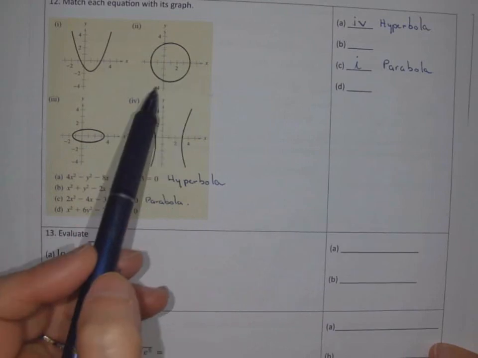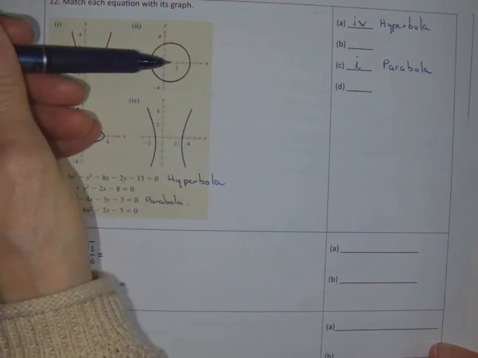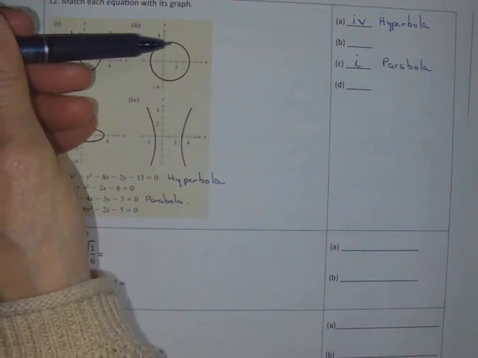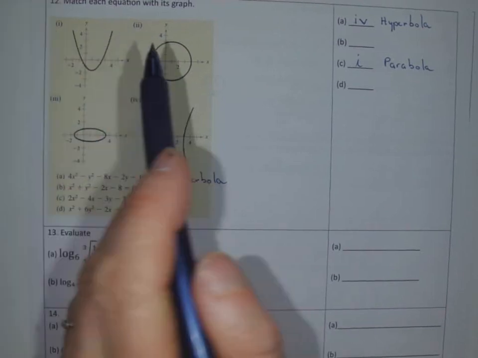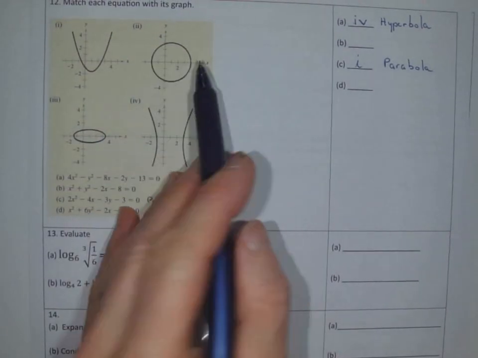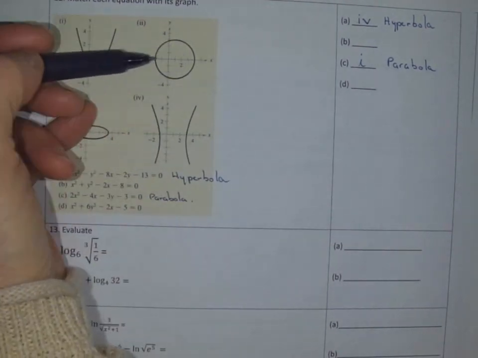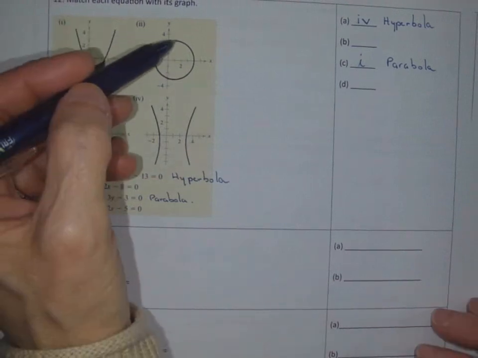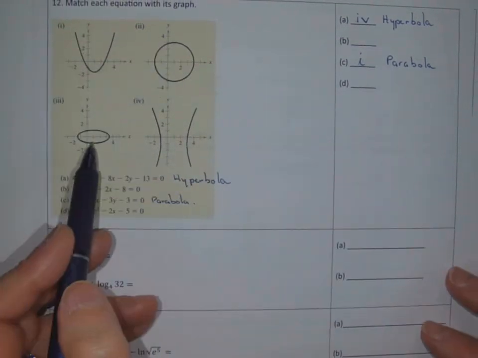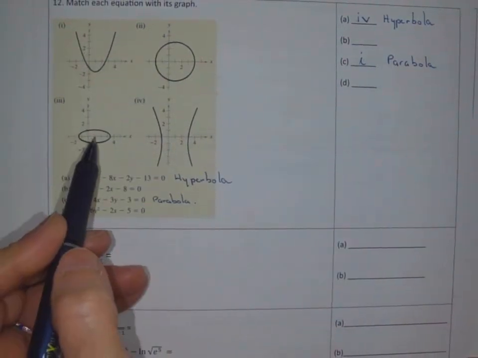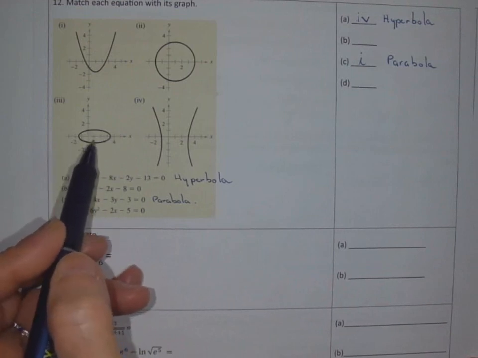But the circle is as far from the center in that direction as it will be in that direction, right? So the axis is going to be the same length both ways. In an ellipse, from the center, there is one direction that's going to be longer than the other, right?